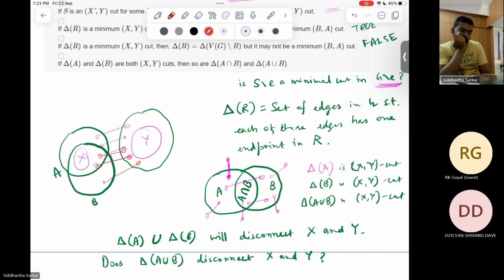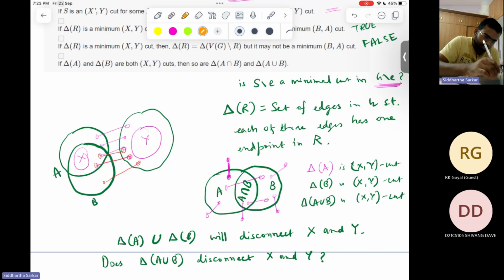But then can we really have different edges? Because even from this figure, all the edges need to be broken down to make X and Y disconnected. No, no. See, for example, these two edges need not be disconnected.